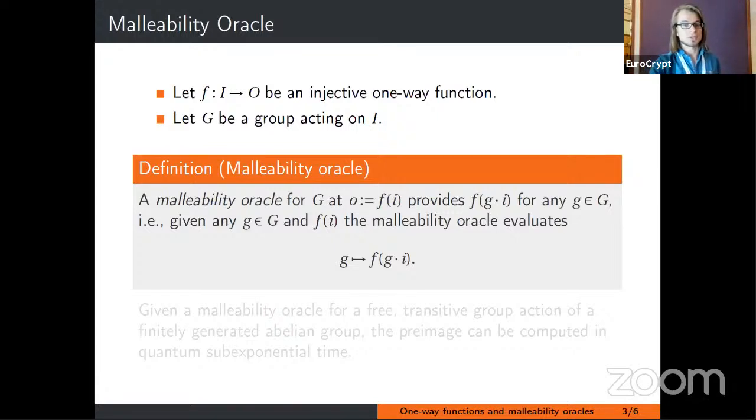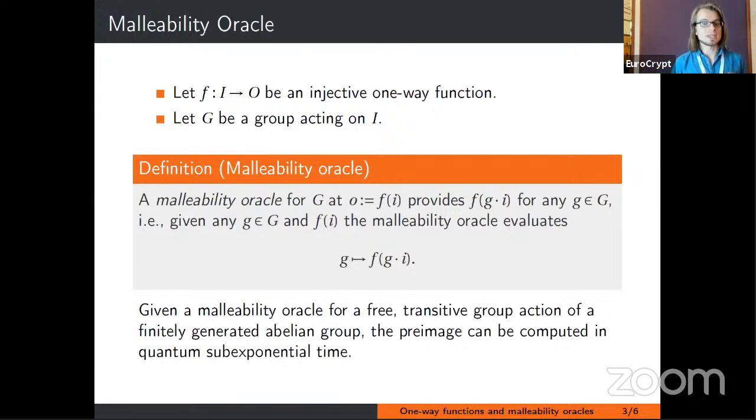Why is this interesting? Because if you're given a malleability oracle and your acting group has certain properties, namely it acts freely and transitively on the domain, and it is abelian, then you can always transform this into a hidden shift problem. In this setting, with these additional properties, it can be solved on a quantum computer in sub-exponential time. So this is interesting for cryptanalysis.